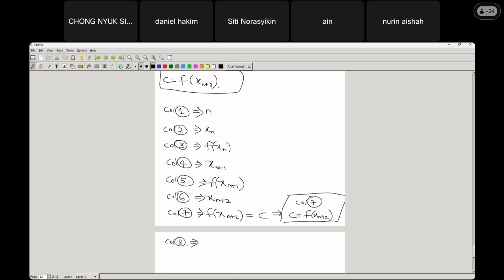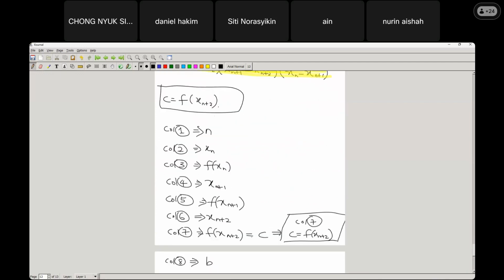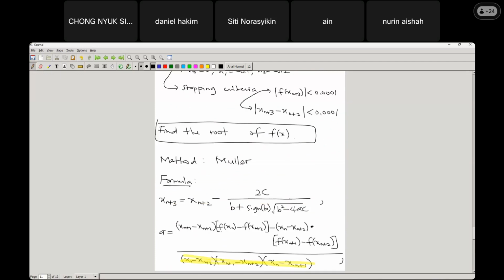Column 8 is where you need to calculate your B. How to calculate your B? This is a bit complicated calculation. You have to use the B formula. After you calculate B, you need to calculate A using this formula.